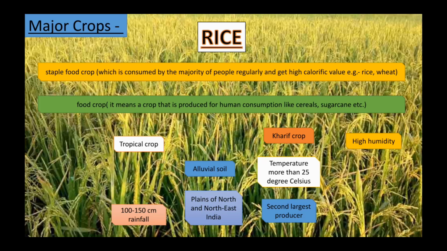States like Assam, West Bengal, Odisha, Bihar, parts of UP, Andhra Pradesh, Telangana, Tamil Nadu, Kerala, Maharashtra all grow rice well.